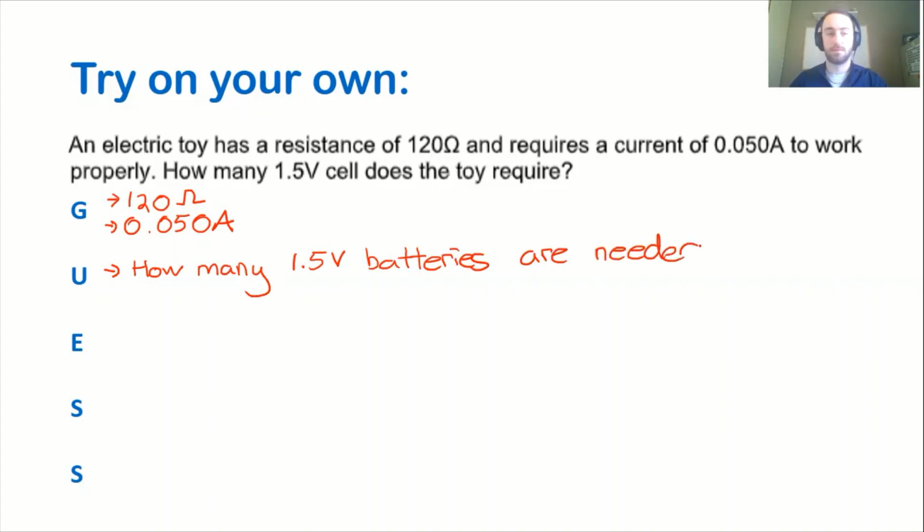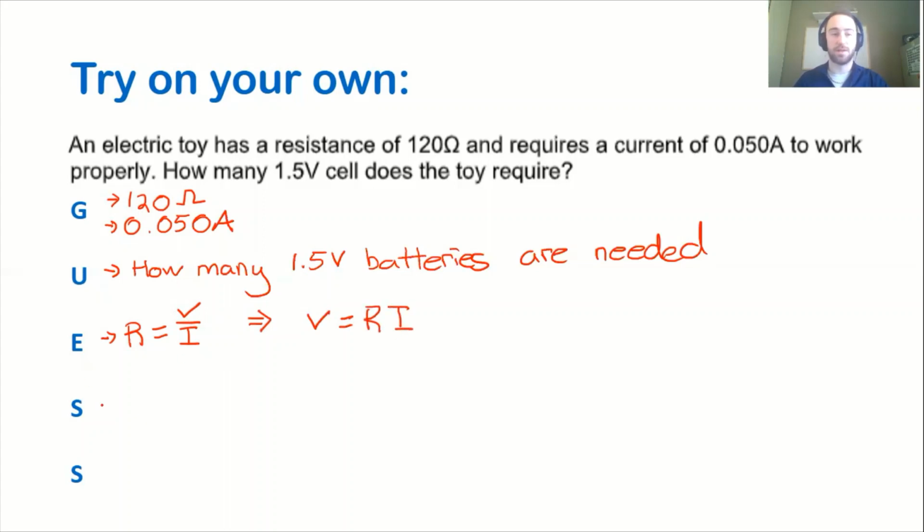The equation that we're going to use, you guessed it, it is R is equal to V over I. And if we rearrange for voltage, because that's what we're going to need to determine how many 1.5 volt batteries are needed. So if we rearrange for voltage, we simply have voltage is equal to resistance times our current.